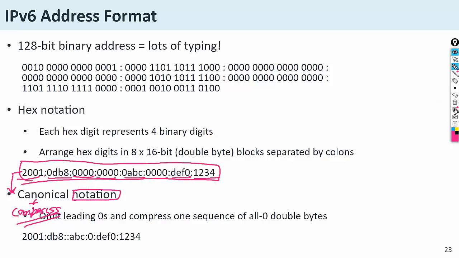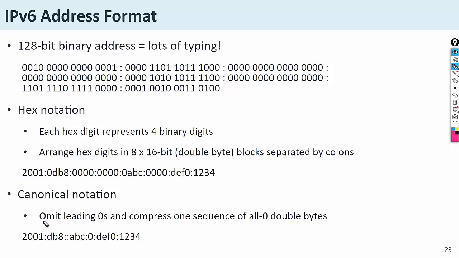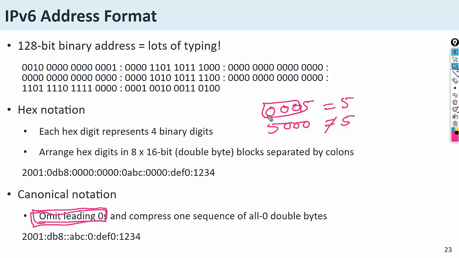So how can you compress it? The simple way is to omit leading zeros. Omitting leading zeros means 005 can be written as 5, but 500 cannot be written as 5. Keep in mind, only leading zeros are removed.